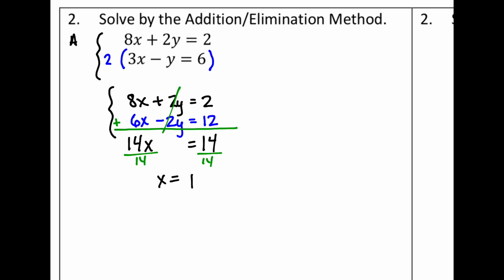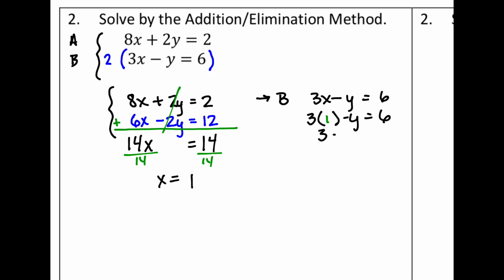So again, I'm going to label them for you so you can see what I'm doing. Okay, I'm going to substitute it into b. So b is 3x minus y equals 6. And x is now 1. And I can solve for y.